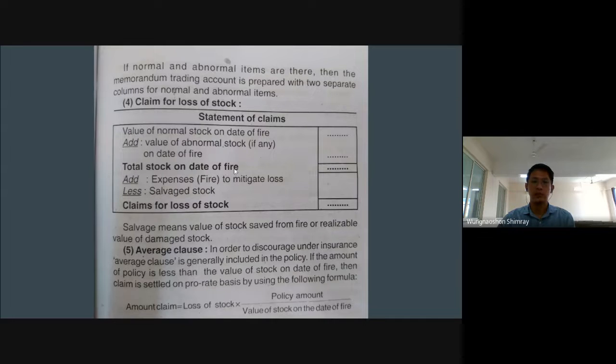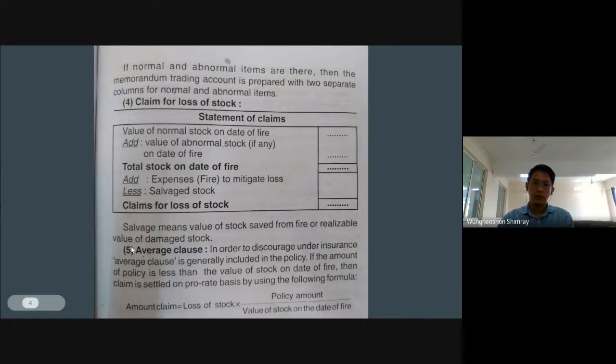Total stock on date of fire, and to this amount you will add the expenses to mitigate loss. All the expenses that you've incurred to reduce the loss of any of your goods, then the salvage stock. Maybe it's burnt out, and then at least there's some scrap left that you can sell. After you subtract that and you add the expenses, you have your total amount for the claim for loss of stock.